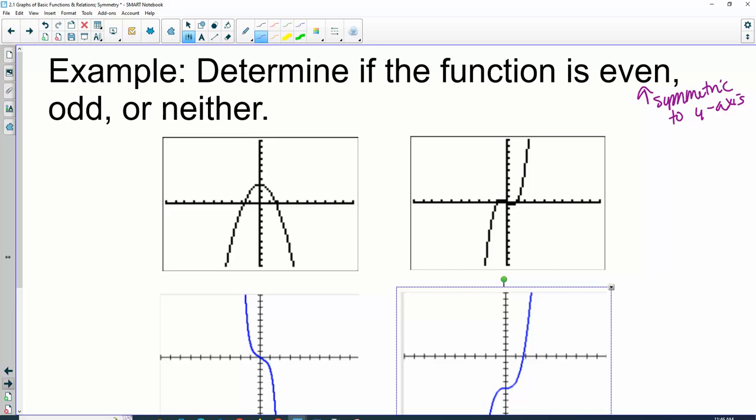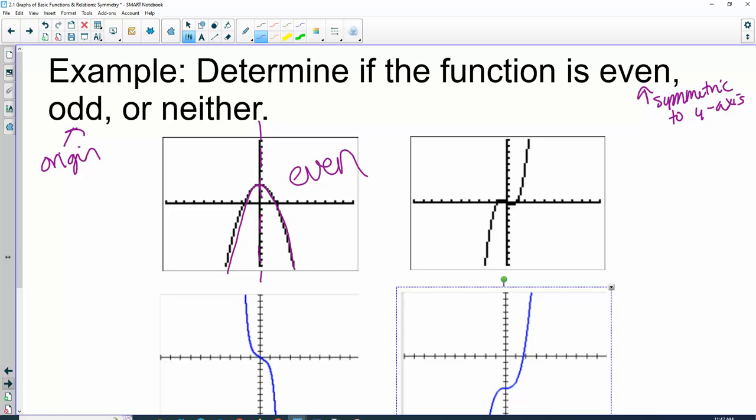Odd is symmetric to the origin. If I look at this first graph, what would that be? This one? So here's my y-axis. Is it the same on both sides of that y-axis? Yes, so it's symmetric over the y, so that would be even. Do we see that? Remember, your y is your vertical axis.